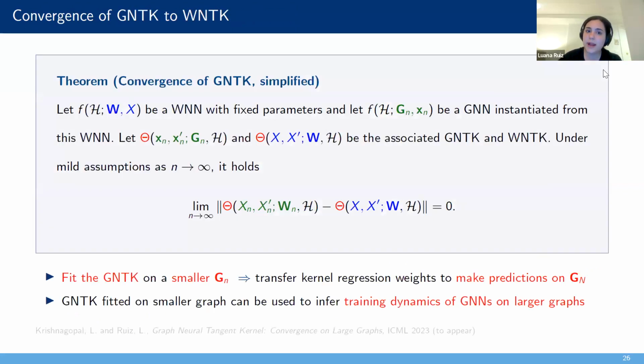And so, not surprisingly, it is possible to prove convergence of the graph neural tangent kernel to the Graphon neural tangent kernel. So this is what this theorem is saying.